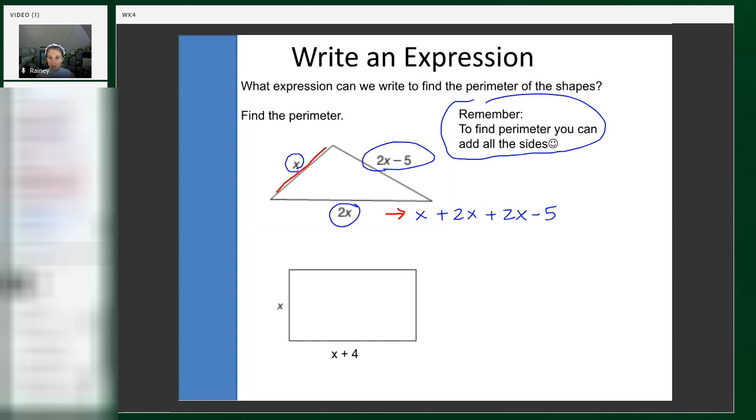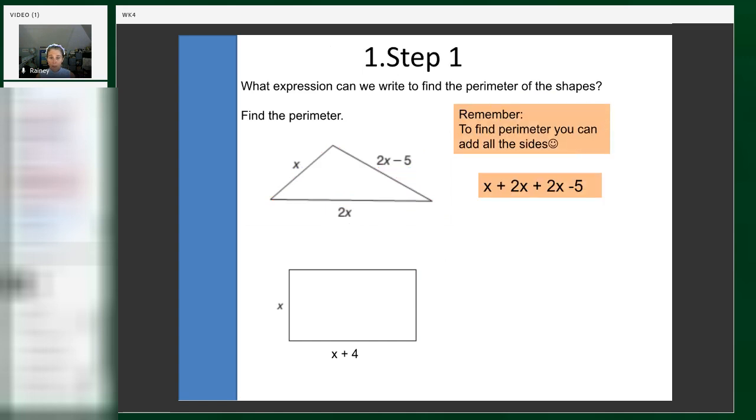X, 2x, 2x minus 5. Now, you know what to do? Combine like terms. 5x minus 5. That's all we have to write.